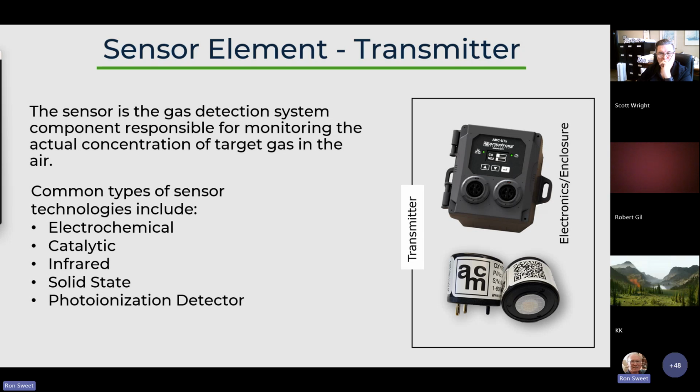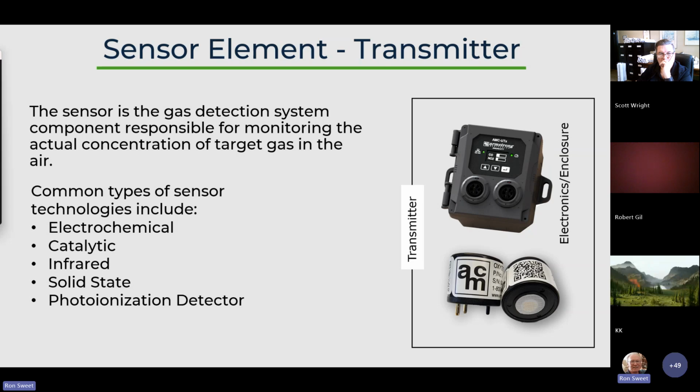And that small current is taken back through the gas detection transmitter, amplified under microprocessor control, noise reduction, and turned into a signal that can be transmitted over a distance over a pair of wires. So again, 4 to 20 milliamps, 0 to 10 volt, Modbus or BACnet, some type of robust signal that can be transmitted for a distance to allow control of the ventilation system.